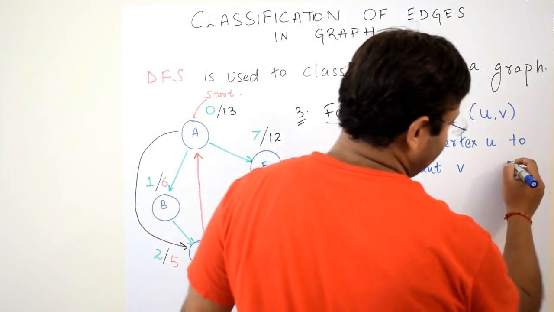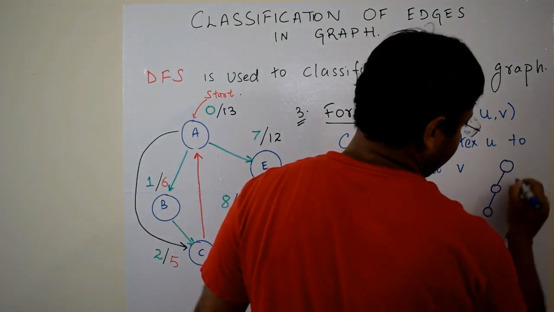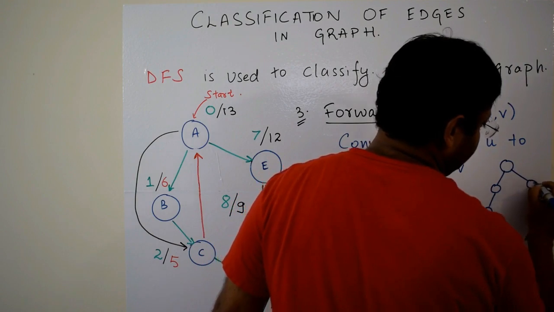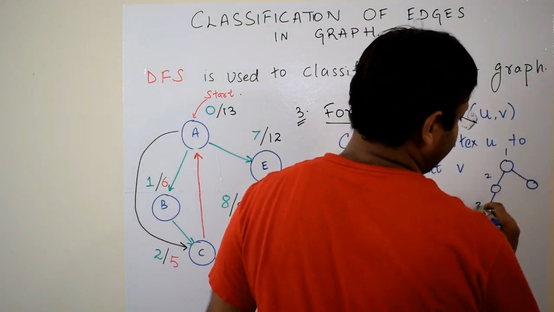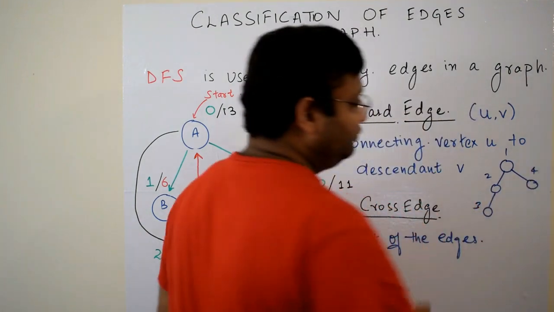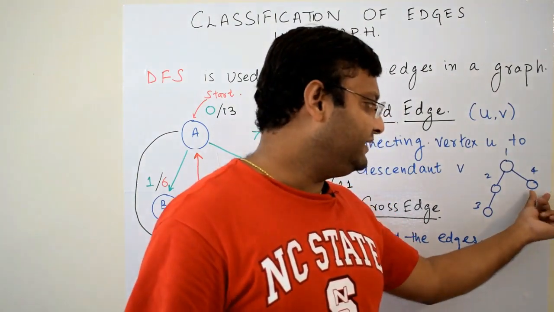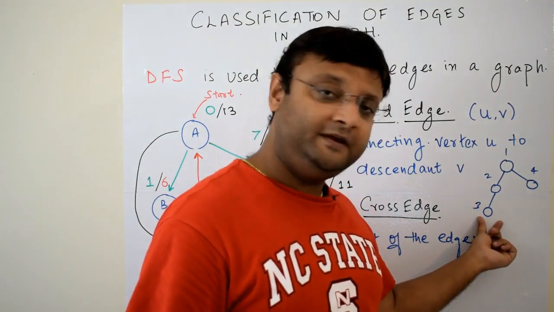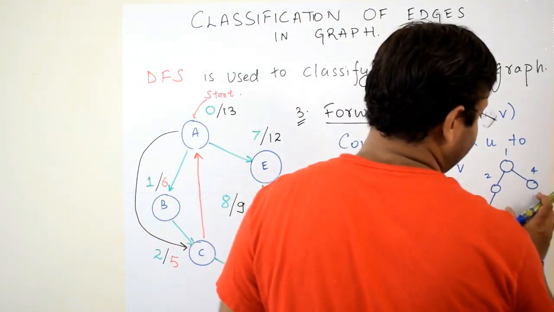Let me make a simple tree. This is a node. Now let me ask you, and let me say I gave these nodes 1, 2, 3 and 4. Is 3 descendant of 4, or vice versa? Like is 4 ancestor of 3? No, it is not.